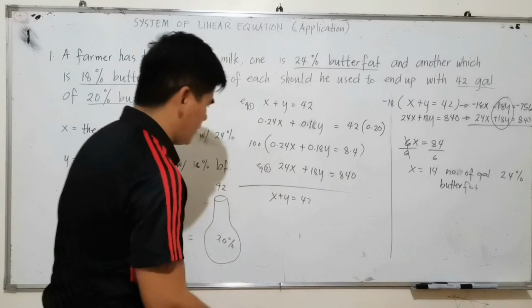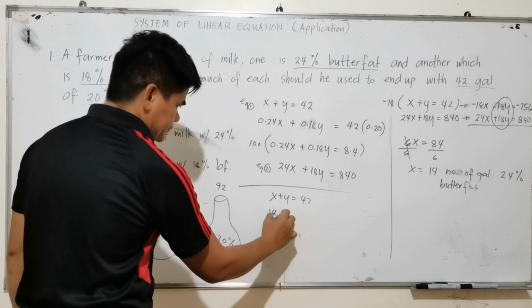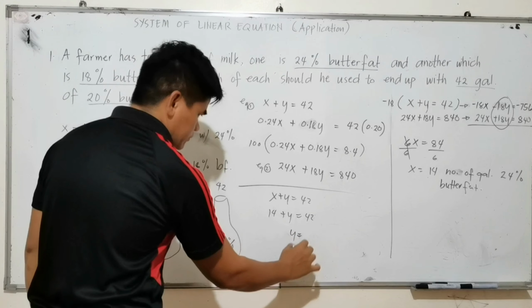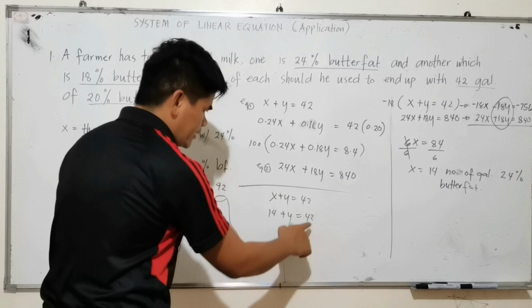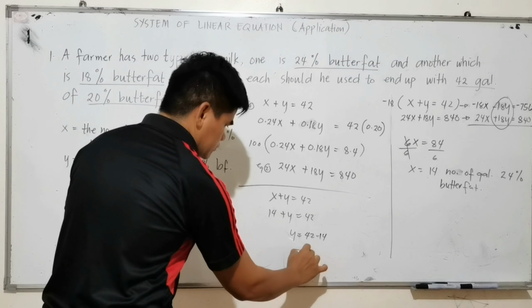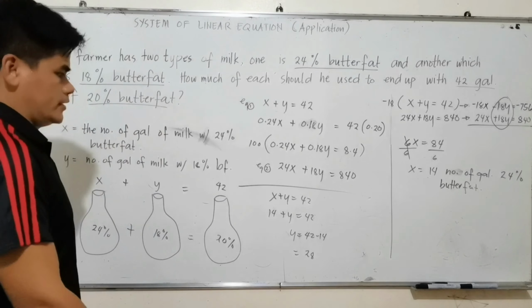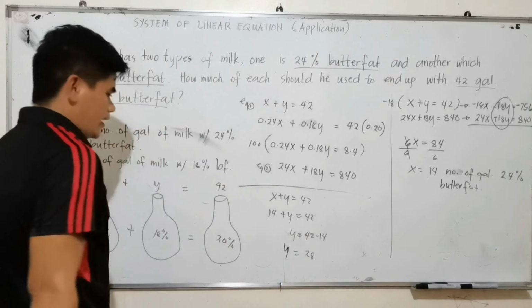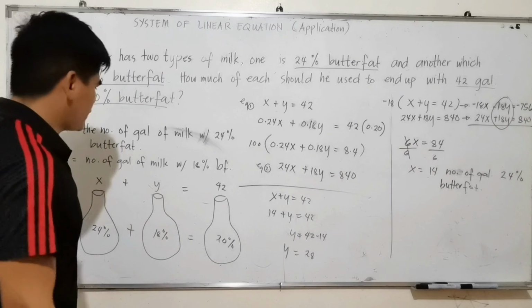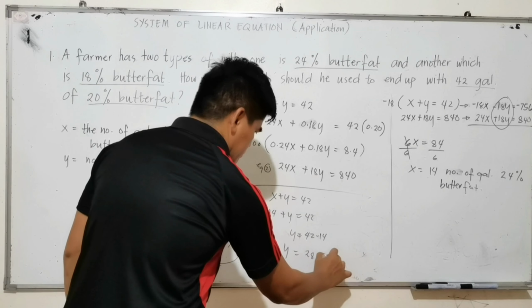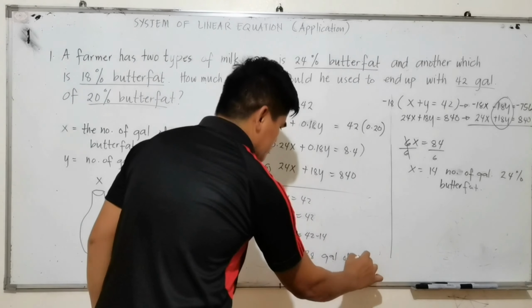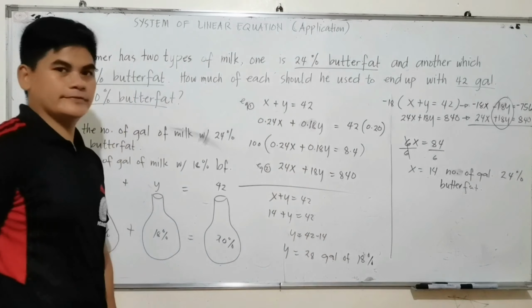Now that we have the value of x, we have 14 plus y is equal to 42. Then y is equal to, transposing 14 to the other side, 42 minus 14, and that is equal to 28. So y is 28. There are 28 gallons of milk with 18% butter fat.